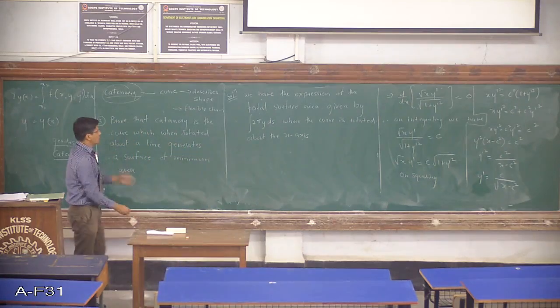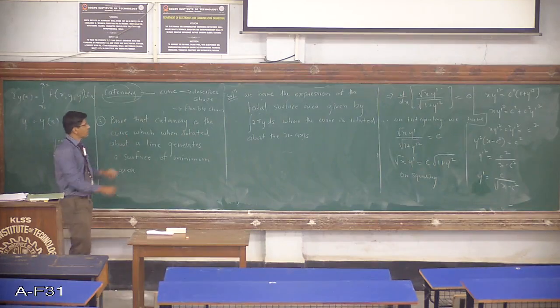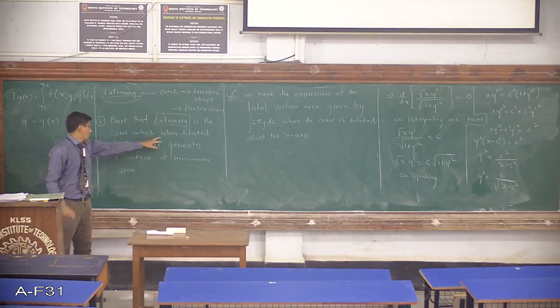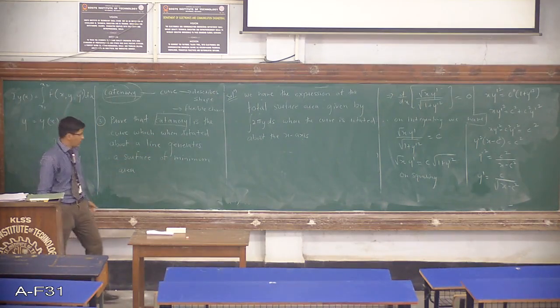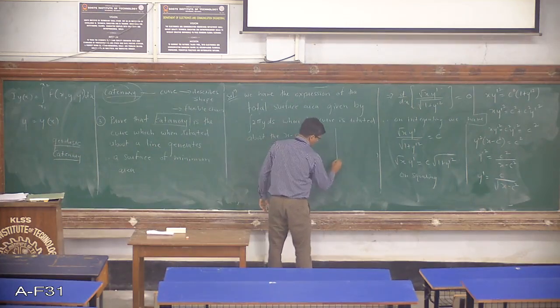So see what is being asked: prove that the catenary is the curve which when rotated about the line generates a surface of minimum area. So I will draw a graph.